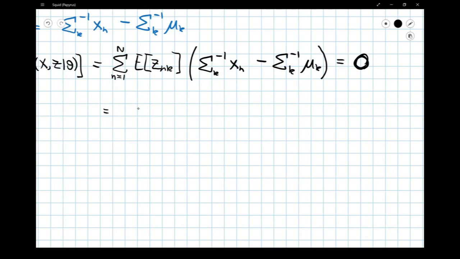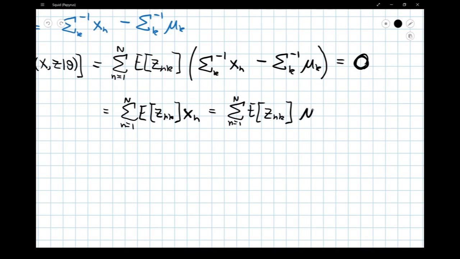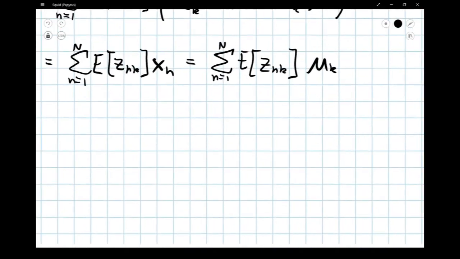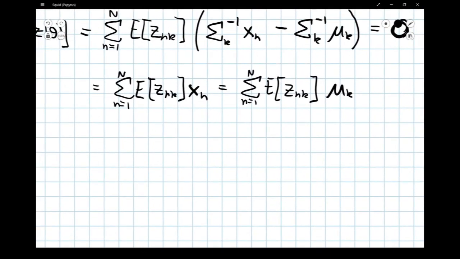So what we end up with is that the summation over n of our expected znk multiplied by xn, and if I just move this across, that's equal to our summation over n equals 1 to n of expected znk multiplied by mu k. So I should say that equation implies this one rather than is equal to.